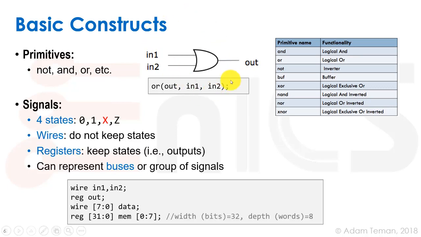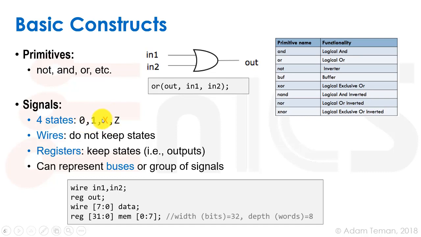The other thing is, you see we have this in1 and in2 and out, they're signals. Since they're logic signals, they can have 4 primary states. There are more things in Verilog, but they're not synthesizable, and we don't usually use them. The 4 states that we discuss are 0, logic 0, usually a ground voltage; 1, which is a logic 1, a VDD voltage; X, which is something where we don't know if it's a 0 or 1.